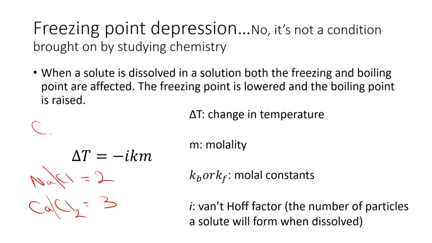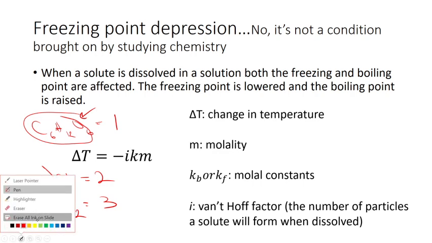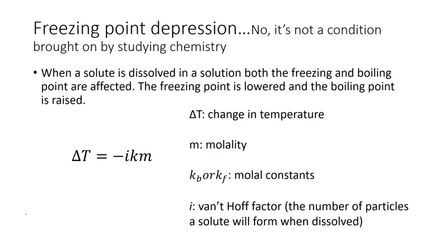And then something like glucose, C6H12O6. Remember that this is not ionic. It is covalent, so its van't Hoff factor is 1 because this whole molecule stays together in solution. So be careful when you're looking at things like that for van't Hoff factor.